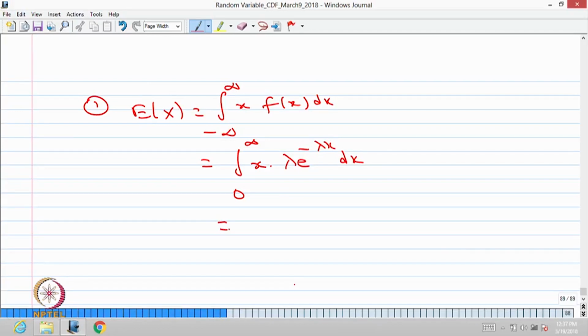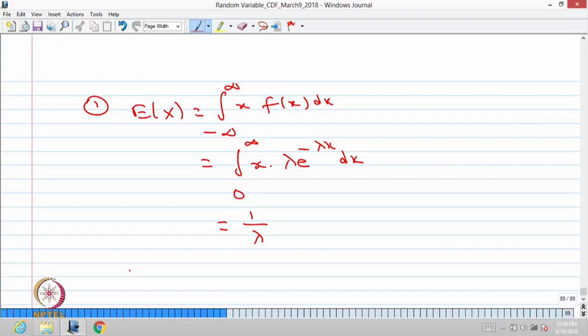If you simplify this integration, you will get the answer 1 by lambda. The probability density function is defined when lambda is greater than 0. Therefore, the expectation of x, the mean for the exponential distribution, is the reciprocal of the parameter.